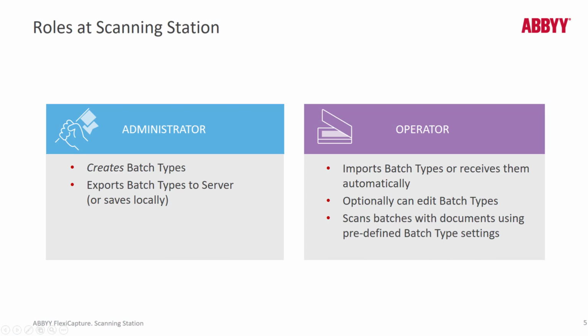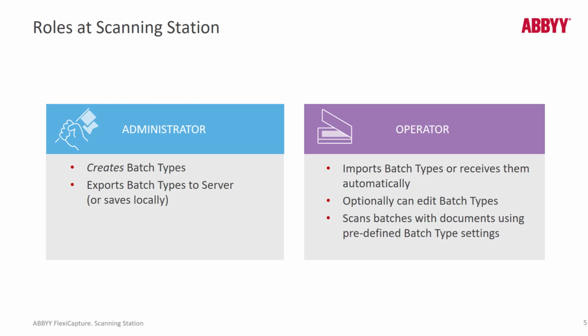An administrator can create ScanStation batch types, and once again, a batch type specifies things such as which scanner images are coming from and which FlexiCapture project the images are pointing to.